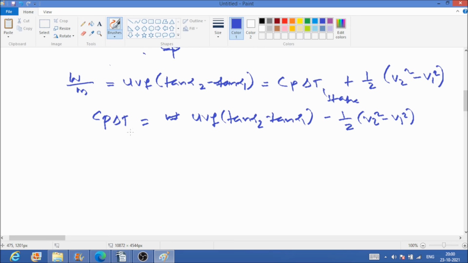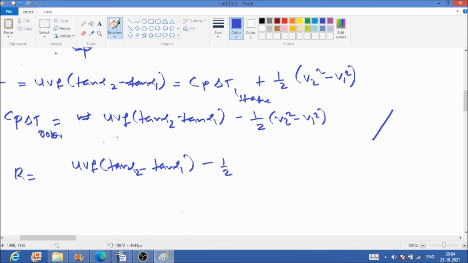Now this is for the rotor. Now R is equal to U Vf into tan alpha 2 minus tan alpha 1 minus 1 by 2 into V2 square minus V1 square.